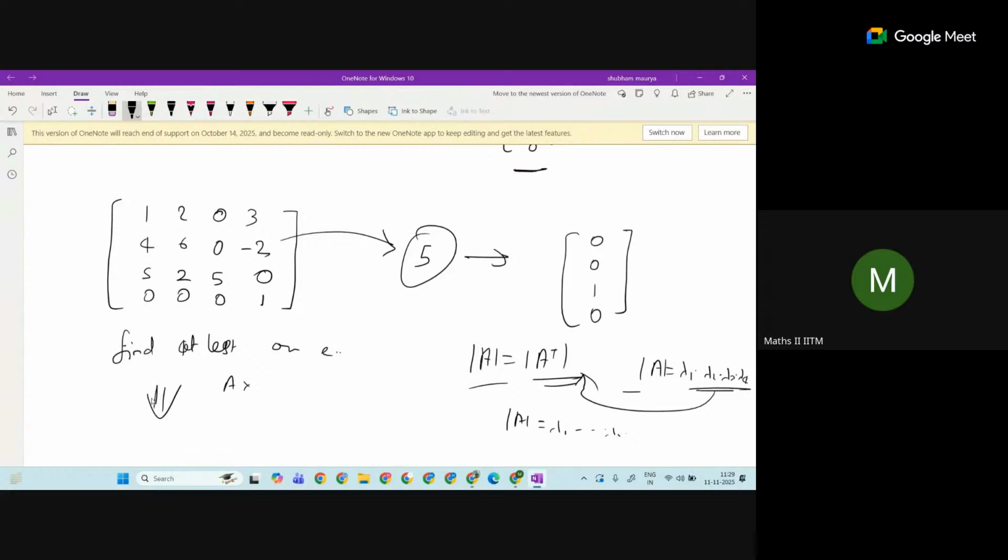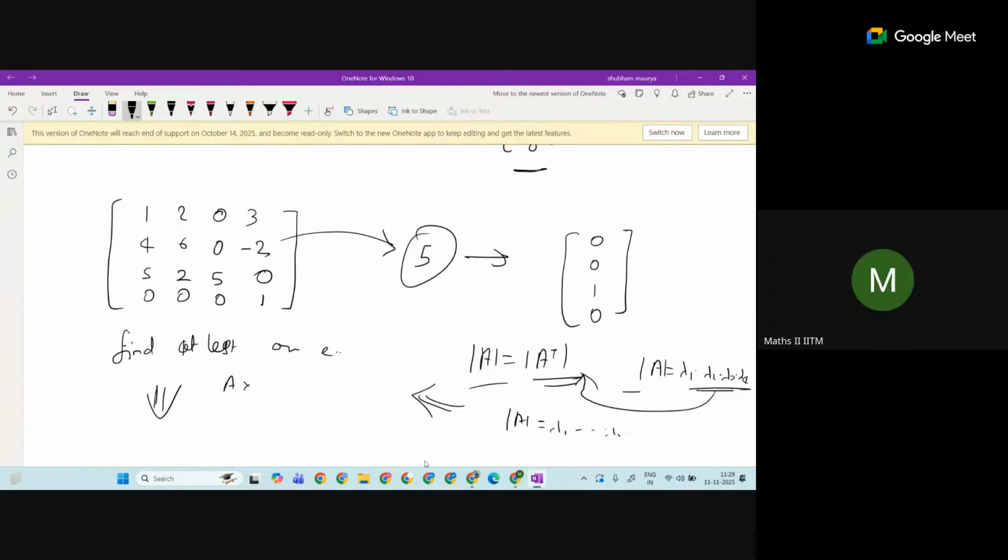Can you tell me another eigenvalue of this matrix using this? The multiplication of lambda values would be the same.